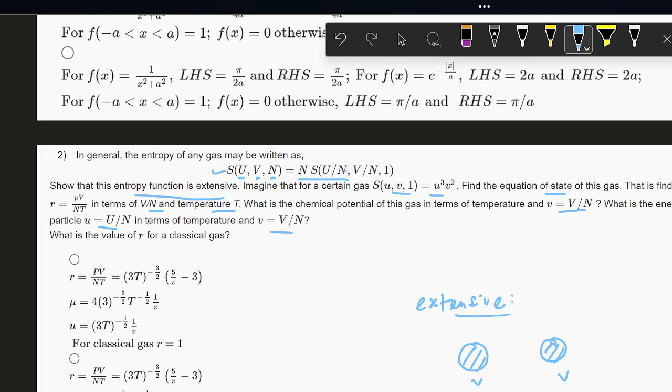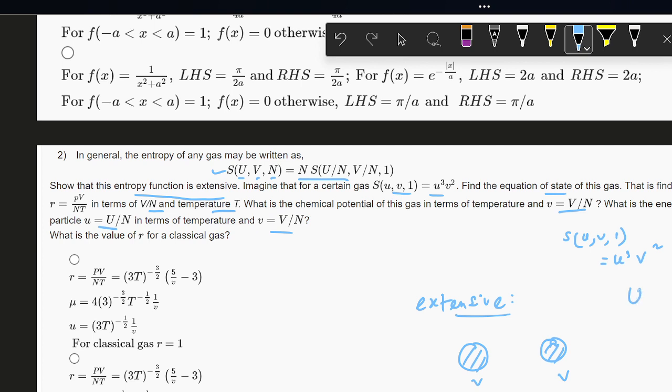So to give you the gist, in the function with small v, small u and 1, all these small letters are used when you are putting it per particle.